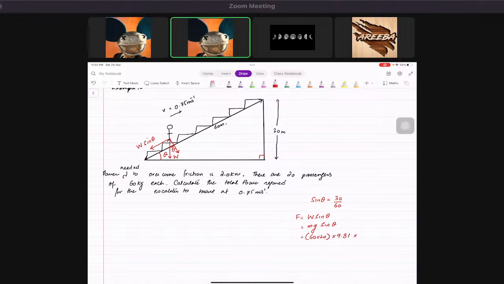And sine theta has a value of 30 over 60, so I intentionally didn't change it. So the total force that the escalator needs to carry passengers would be 5,886 newtons. Is it clear up till here?